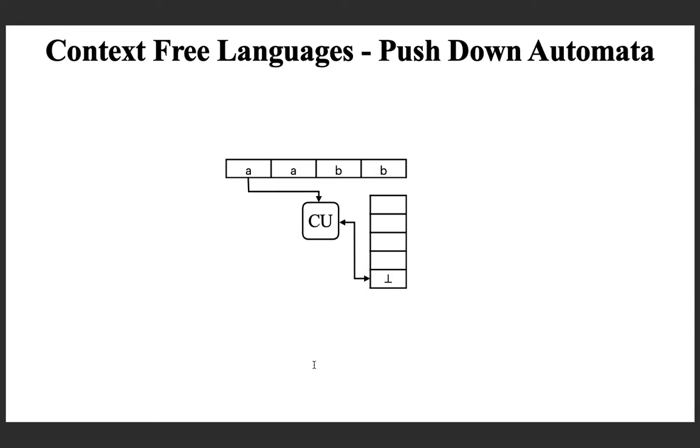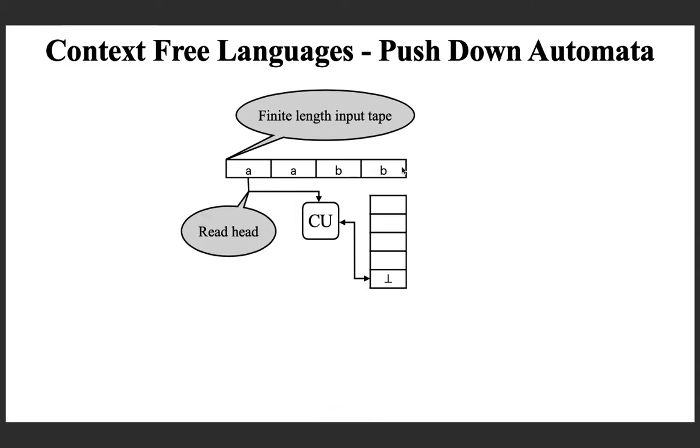So, this is the structure of a push-down automaton. It has got a finite length input tape, the same component that we have in a finite state automaton. Then we have a read head, that also was there in the finite state automata.